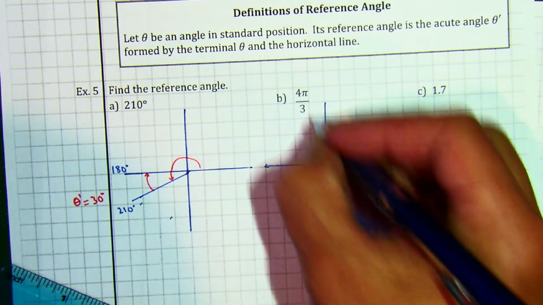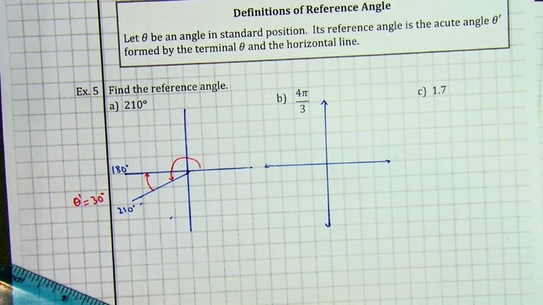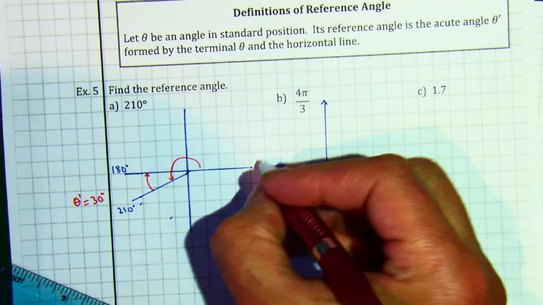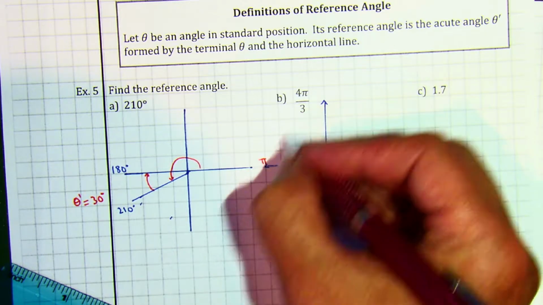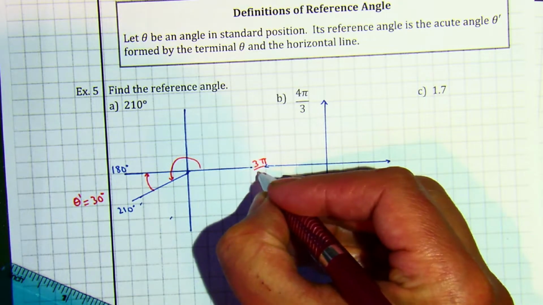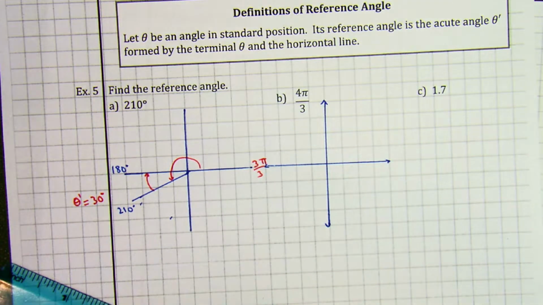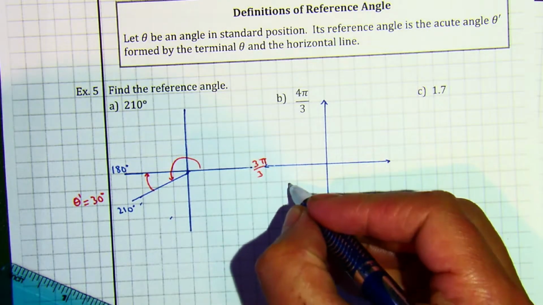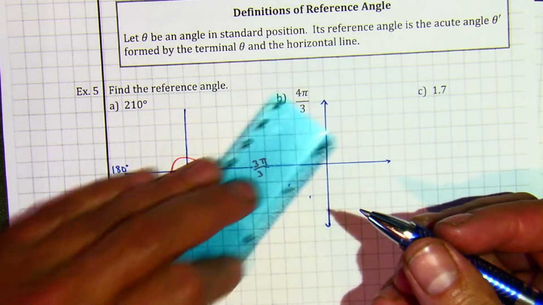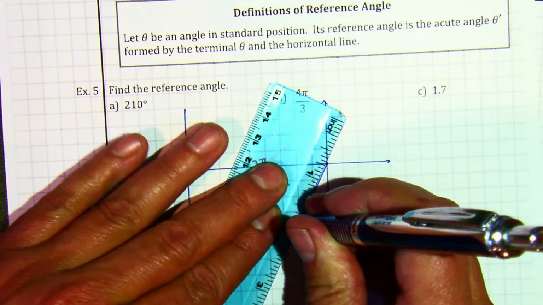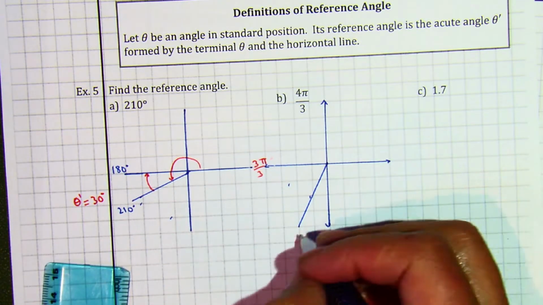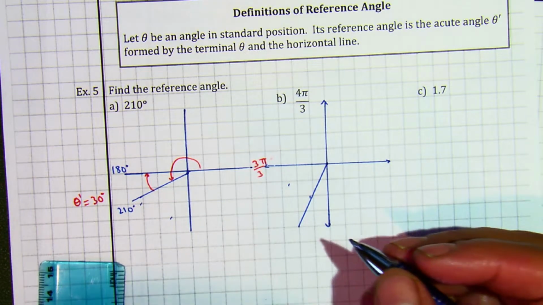Where is 4 pi over 3? Well, I know that this is pi, correct? And how many thirds are in pi? 3/3. How many more thirds do I need? One more third, which is your 60 degrees. Now place two dashes. So this will be 4 pi over 3, which is your 240 degrees.